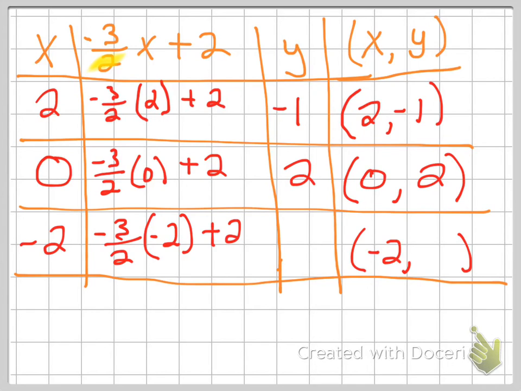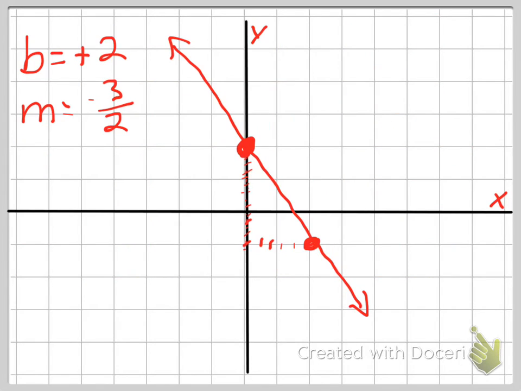The 2's cancel out. Negative 3. Okay, that's positive 3. That should be 5. Okay, so there's my y values. Here's my points. Now we got 2, negative 1. Let's find 2, negative 1. Oh my goodness, it's right here. 2, negative 1. Folks, it's a miracle.